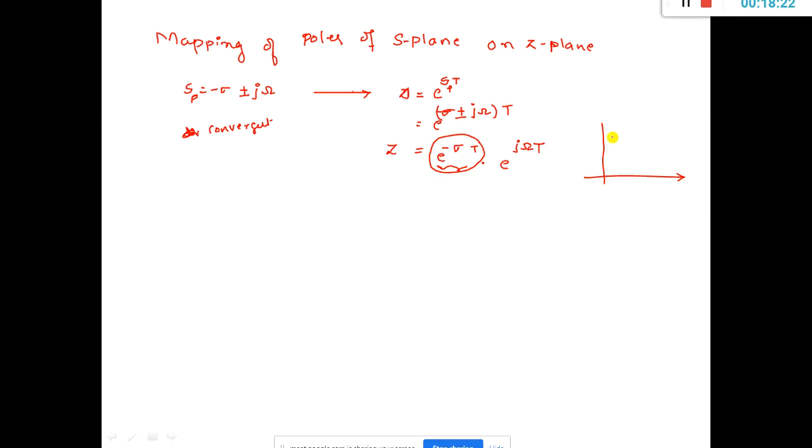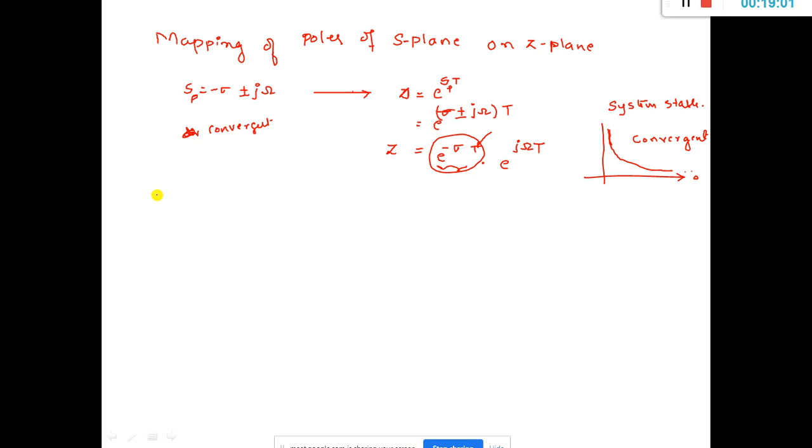As time increases, this z value is exponentially decreasing, hence at one particular point it has to come to 0, so that it is going to be convergent. Once it is convergent, the system will be a stable system, no doubt at all.